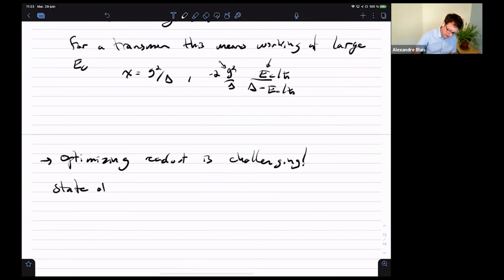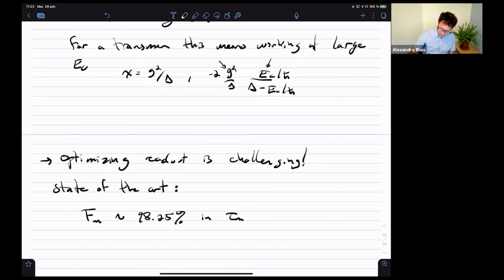And so the state of the art, quoting the paper from ETH that I mentioned before, the one which saw this upturn at low photon number, was that this fidelity was of the order of 98.25% in a measurement time of 48 nanoseconds.